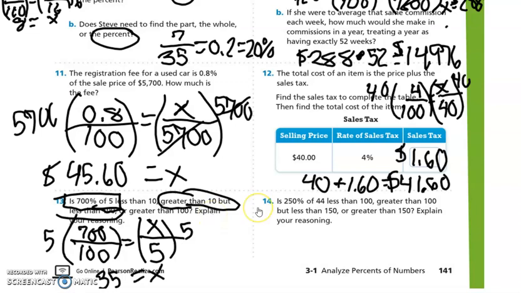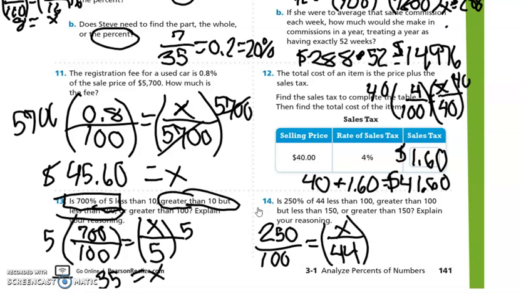Now we're going to do the same thing over here. So we'll look at 250%, which is 250 out of 100. And that's 250% of 44, so that goes across from the 100. Multiplying both sides by 44.